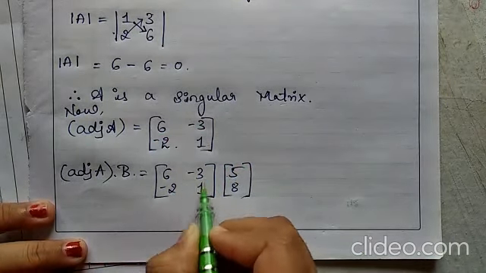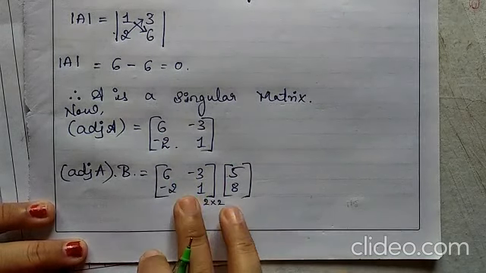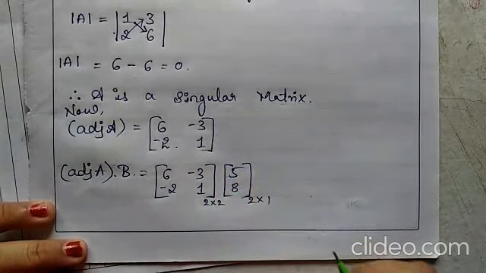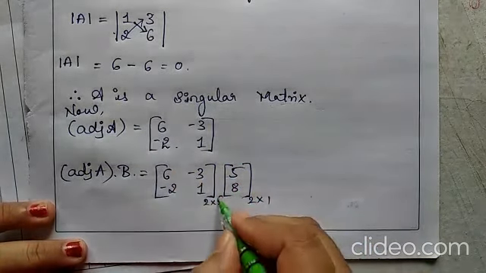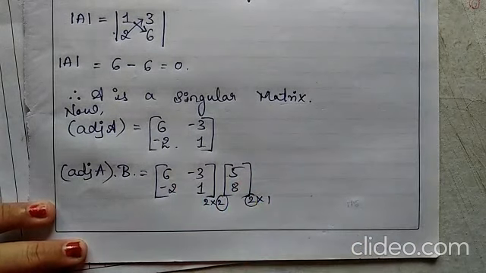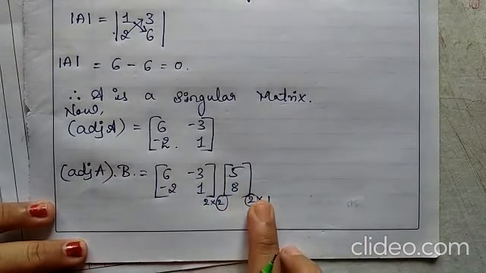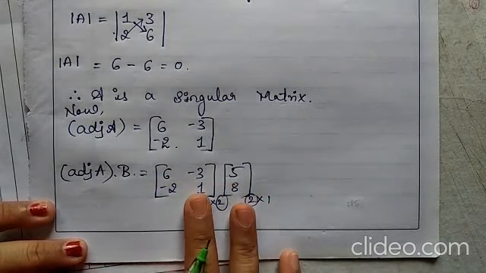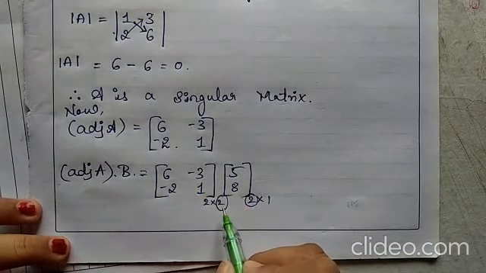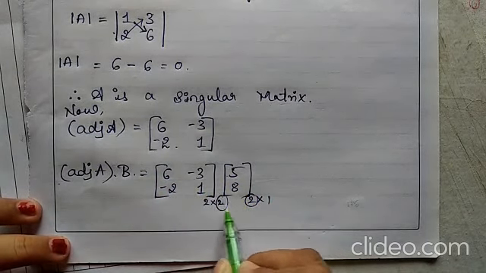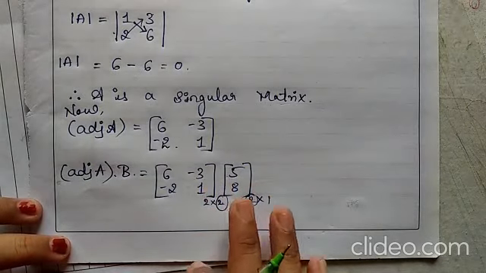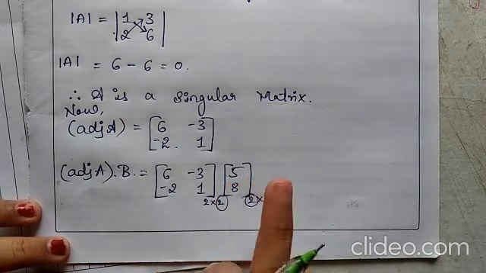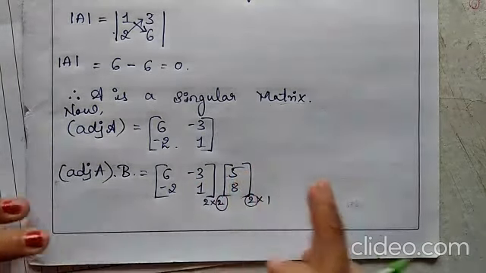The first matrix is 2 rows and 2 columns. The second has 2 rows but 1 column. Both are equal, so the multiplication holds good. Only then is it possible to multiply the matrices.